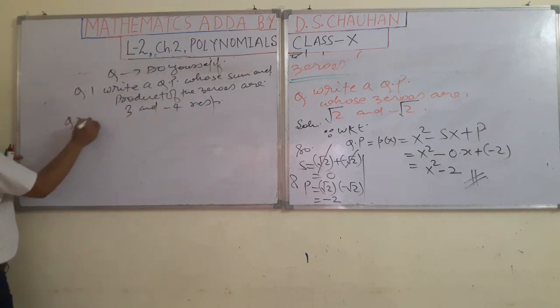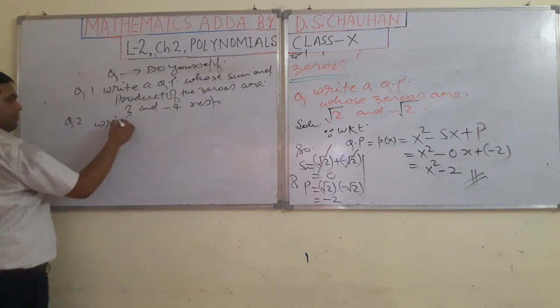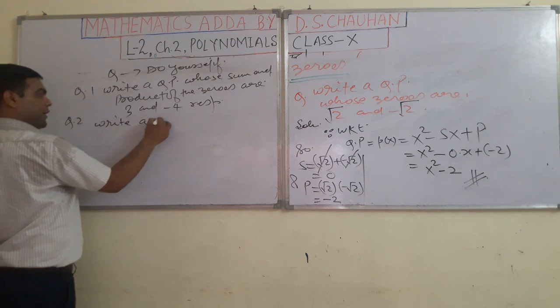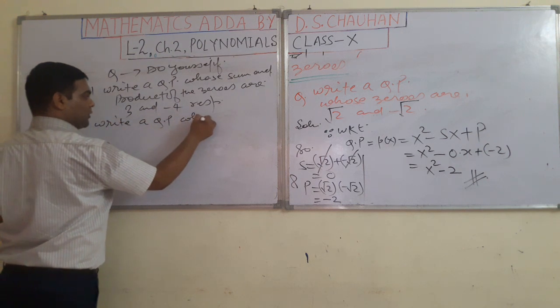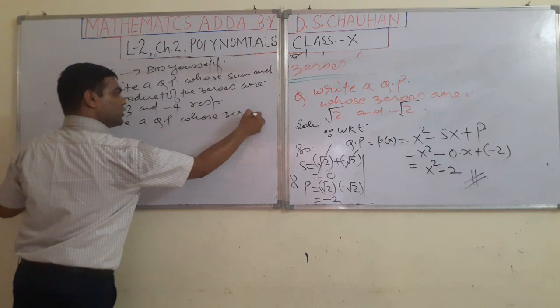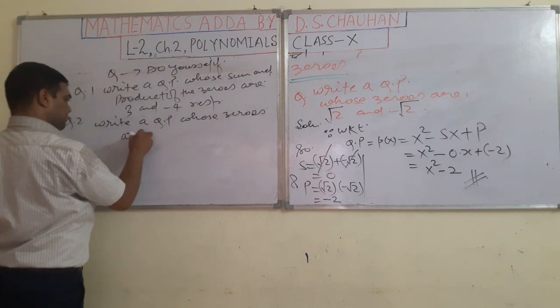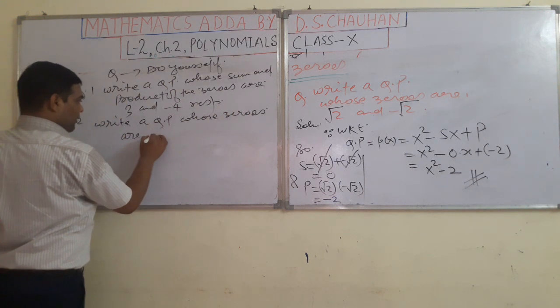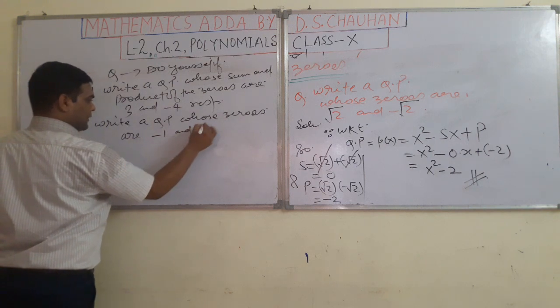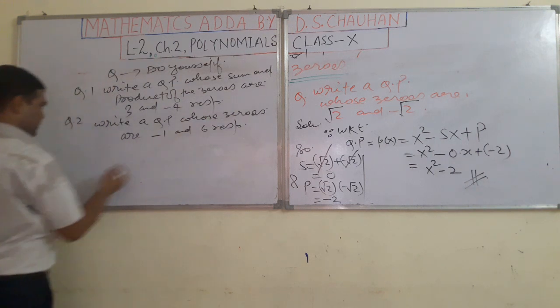Another question: write a quadratic polynomial whose zeros are minus 1 and 6 respectively.